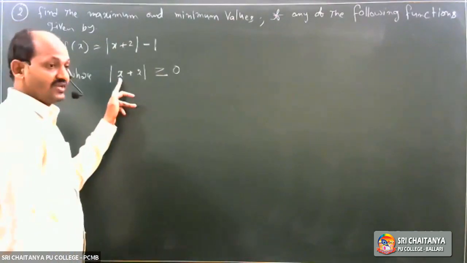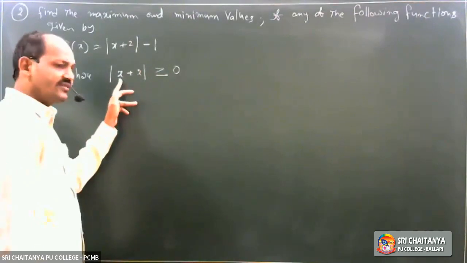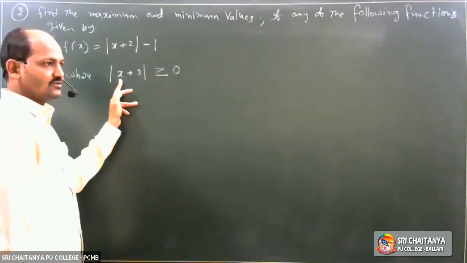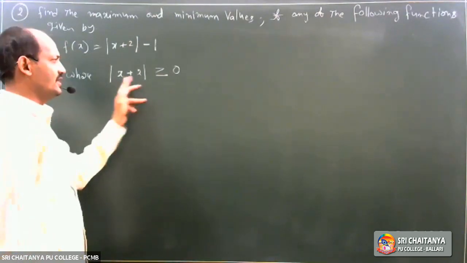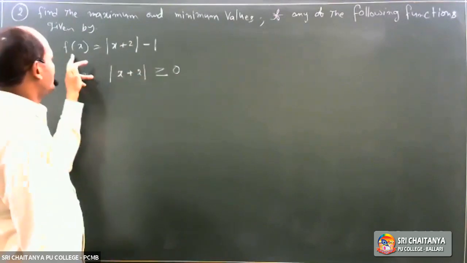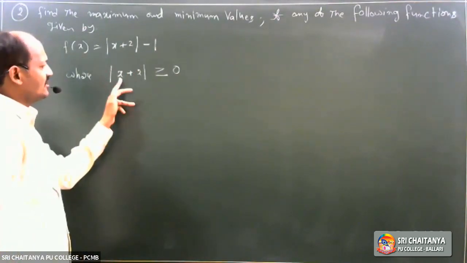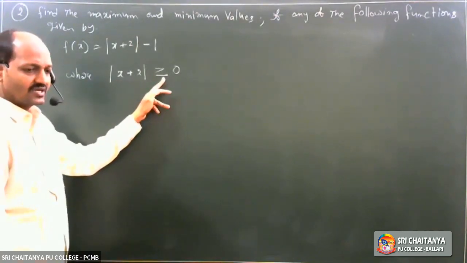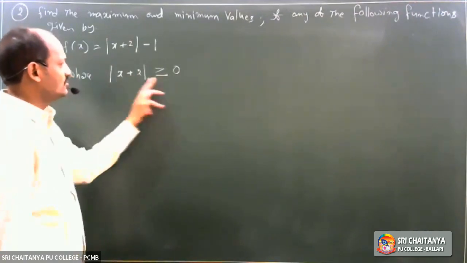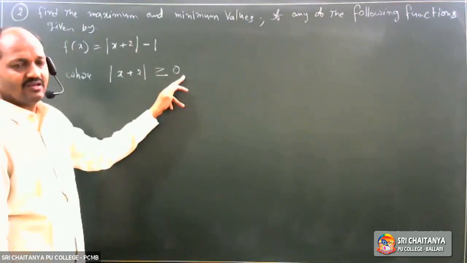If x is equal to minus 2, it is 0. Other than minus 2, any remaining value of x gives a value greater than 0.